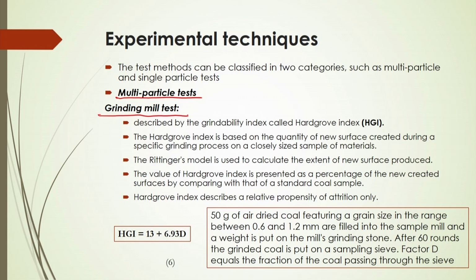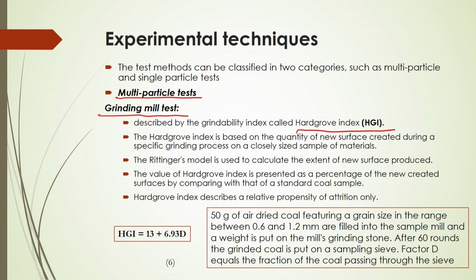It is generally described by the grindability index, which is sometimes called the Hardgrove index, HGI. This index is based on the quantity of new surface that is created during a specific grinding process on a closely sized sample of materials.